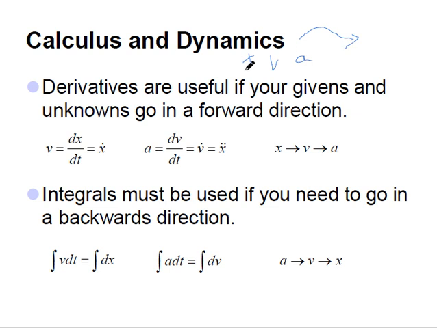The variables progress in a forward direction, meaning velocity depends on the change of position, and acceleration depends on the time rate of change of velocity. So that's a forward direction progression.